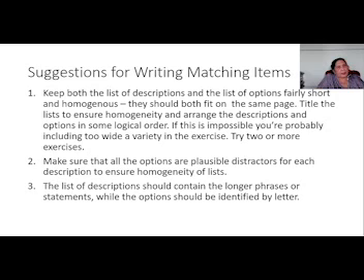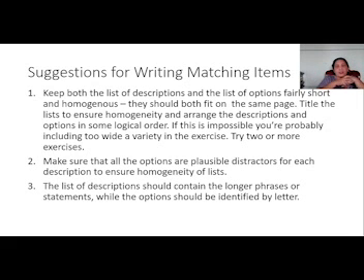Maybe you can split it into 15 and 10, or 12 and 13. 2 sets of matching type. Let's repeat, not fewer than 7 items, and not more than 15. So the minimum is 7. The maximum is 15 for a set of matching type items.